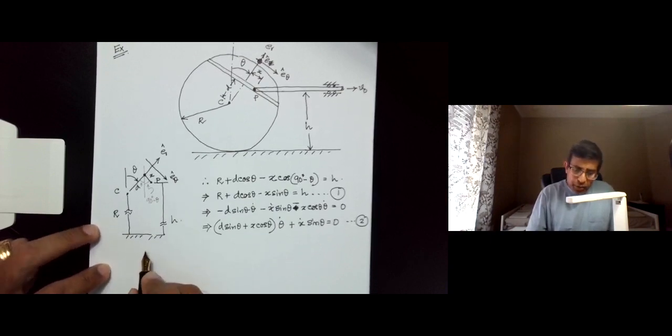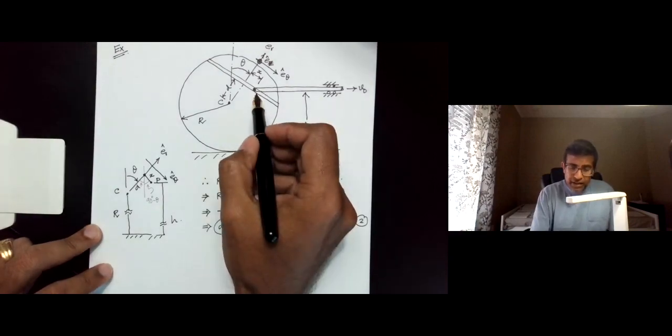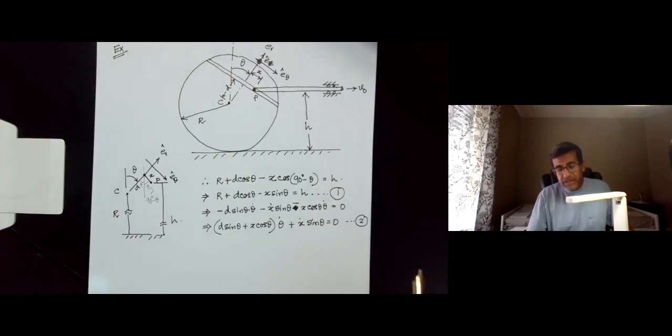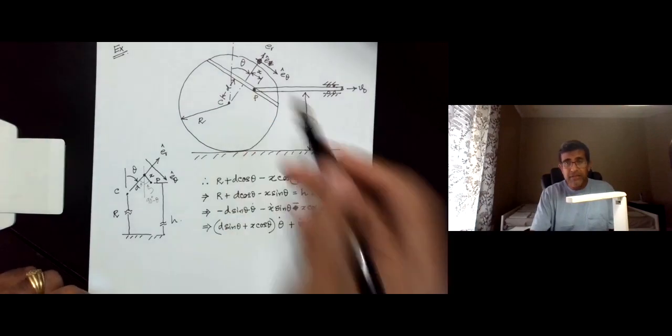The equation that we will write, we are interested in finding theta dot and x dot. This is a problem where we have been using equations like velocity of p is equal to velocity of c, and so forth. Typically you come across problems where you want to find out Vp, where p is this particle.